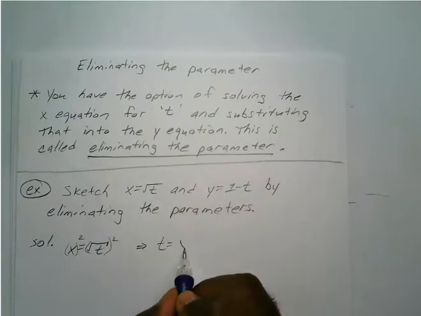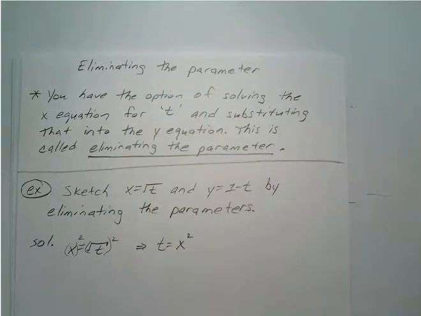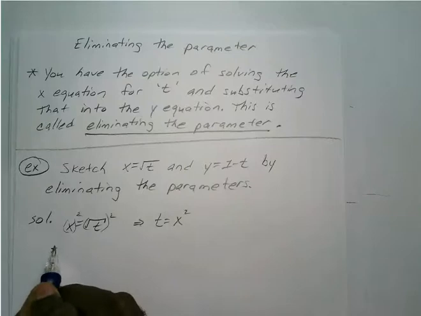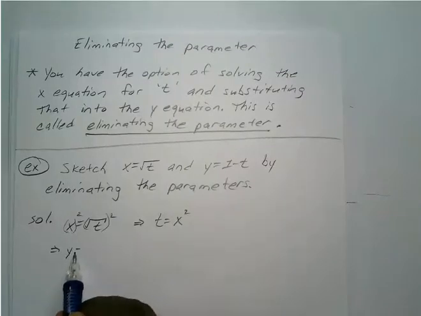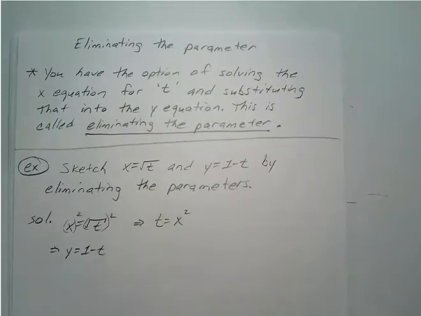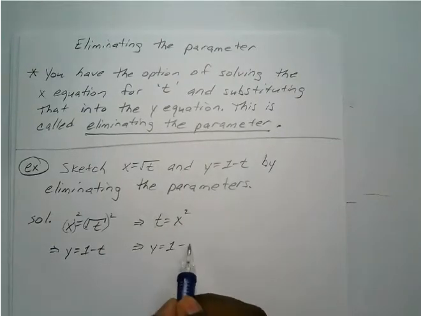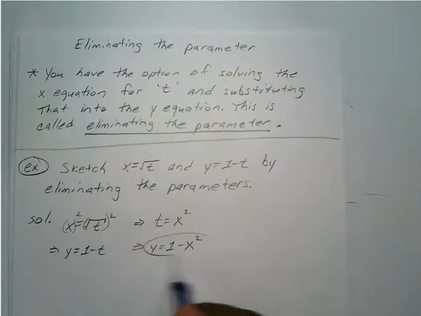So t equals x squared, since the exponent and square root cancel each other out. Now with y equals 1 minus t, since t is equal to x squared, that gives you y equals 1 minus x squared.